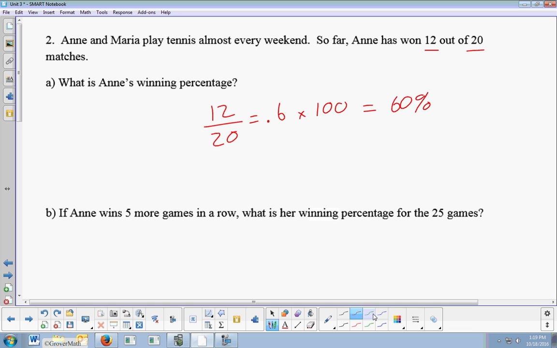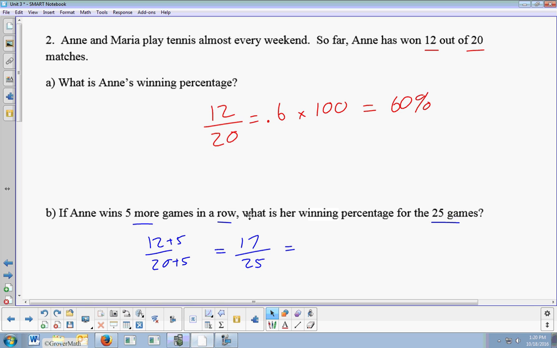If Anne wins 5 more games in a row, what is her winning percentage for the 25 games? So it was 12/20, and we're adding 5 to the top end. She won 5 games, and obviously she played 5 more games too. So we're talking about a 17 out of 25 winning percentage. What does that come out to be?